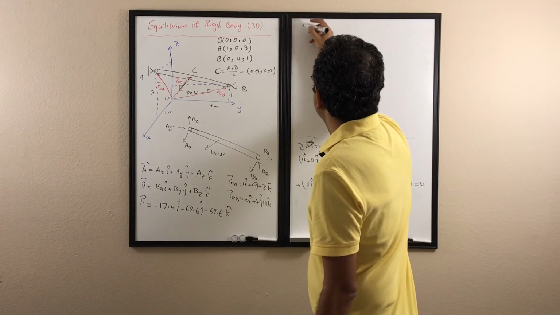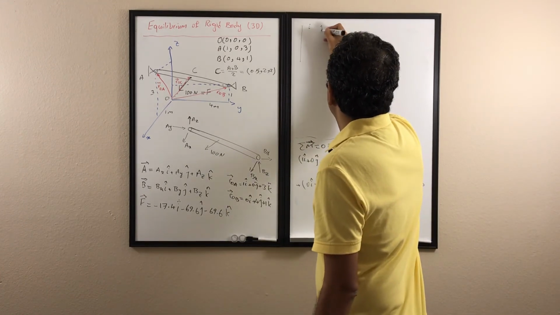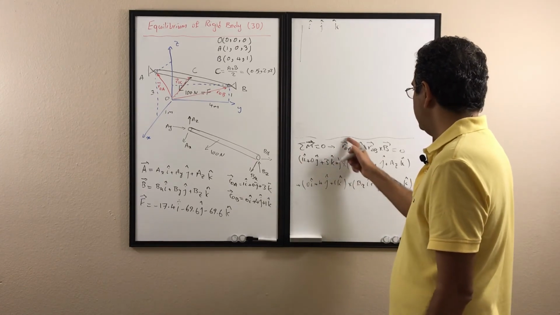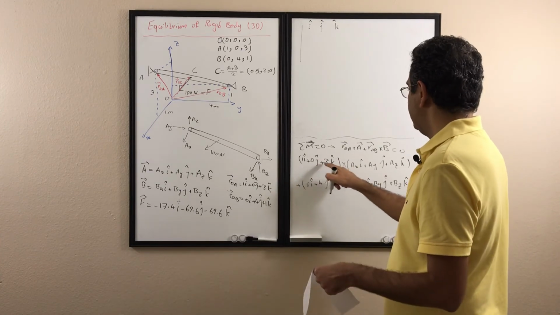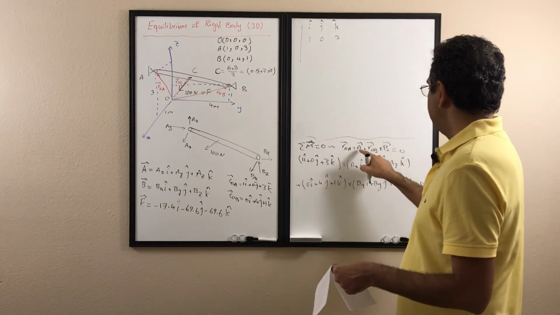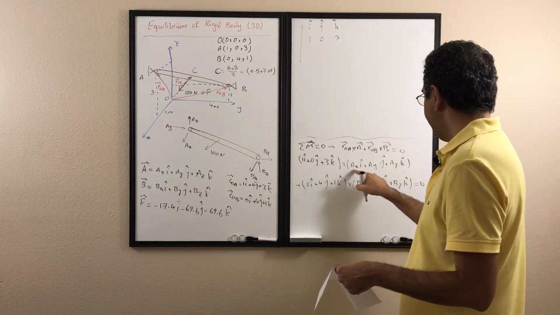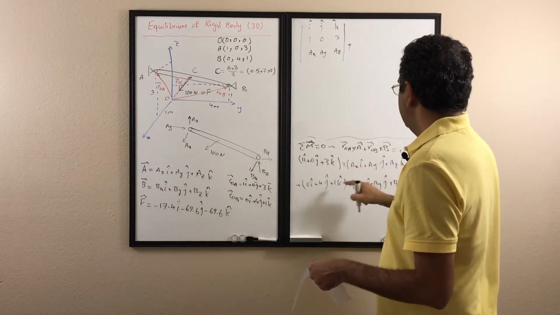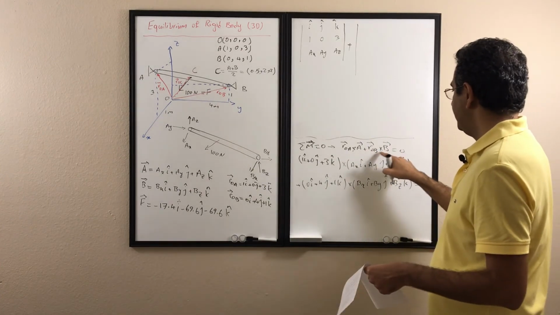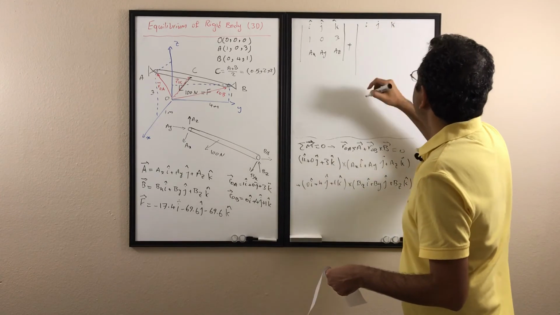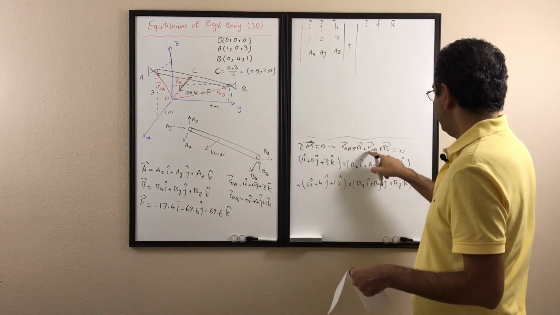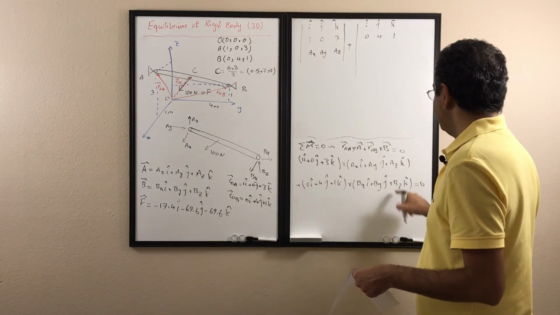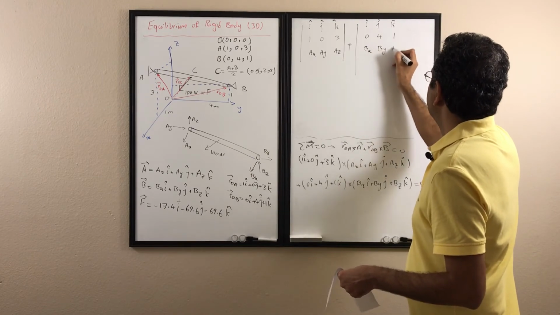The first one is the determinant of I, J, K, then the component of r_OA, which is 1, 0, 3, and then the component of A, which is AX, AY, AZ, plus then the second one, r_OB times B. Again we have I, J, K, and the component of r_OB, which is 0, 4, 1, and the component of B, which is BX, BY, and BZ. So this is going to be 0.